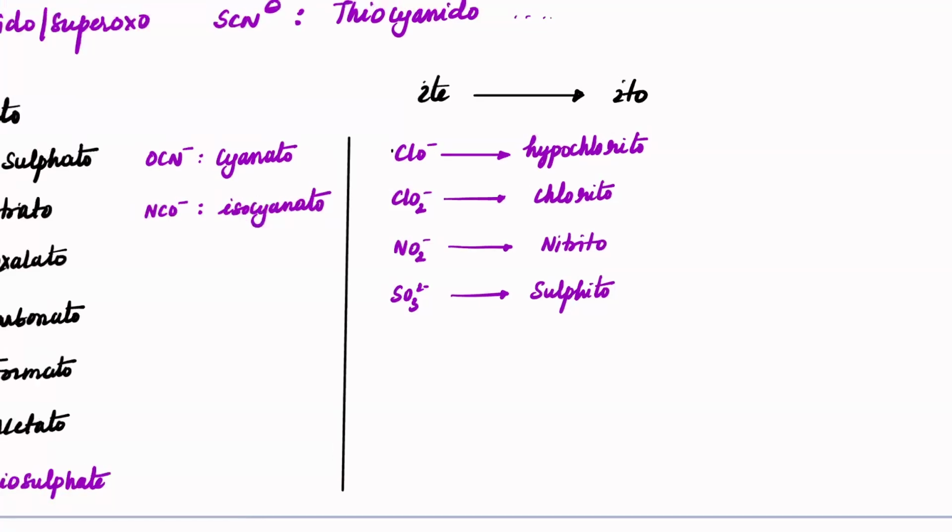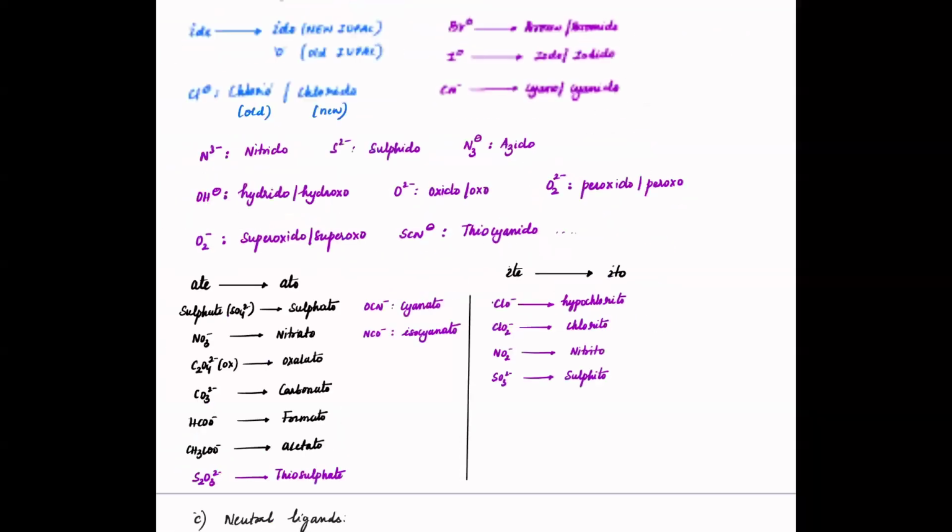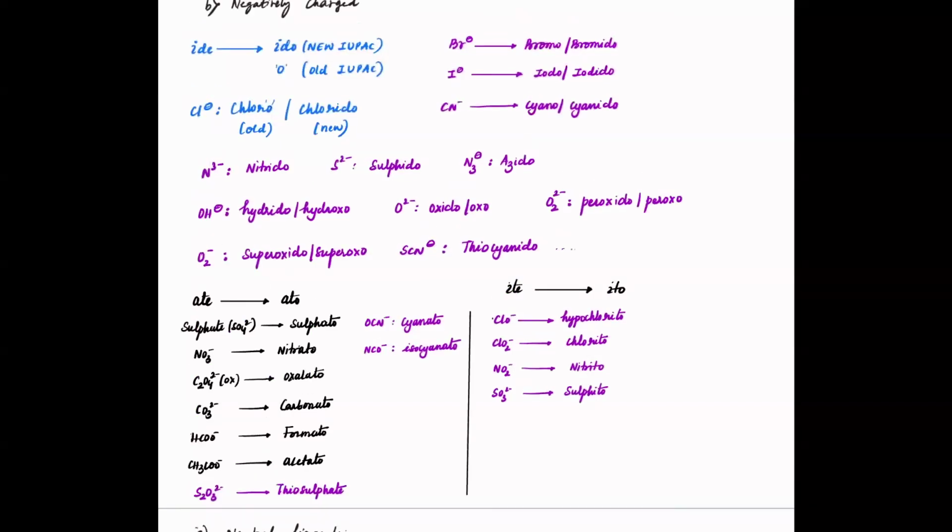Everyone, look into the names quickly. If there is any doubt, you can ask. Or if you are curious to know anything else, you can ask. Now. Chromate, CrO4 2 minus. So what do you write? Chromato. Manganate, manganato.